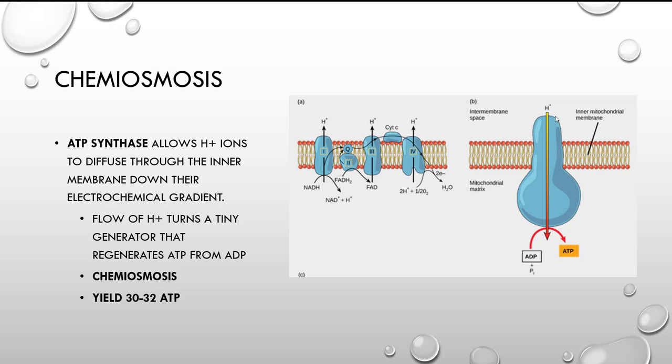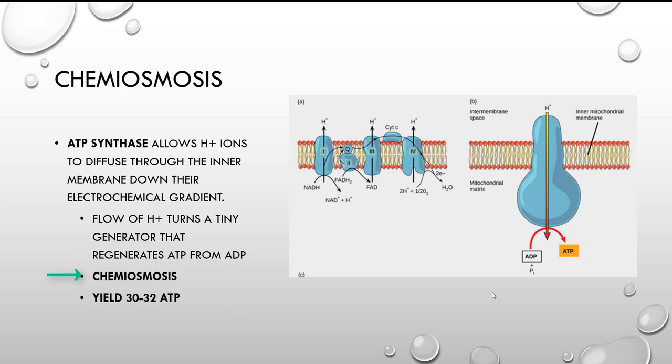And what happens is when it opens up, all of the hydrogens on this side of the inner membrane space will diffuse across, because it's going from high concentration to low concentration. As it's diffusing across, it's going to cause that little generator to rotate, producing enough energy to convert ADP into ATP. So we call this entire process chemoosmosis.